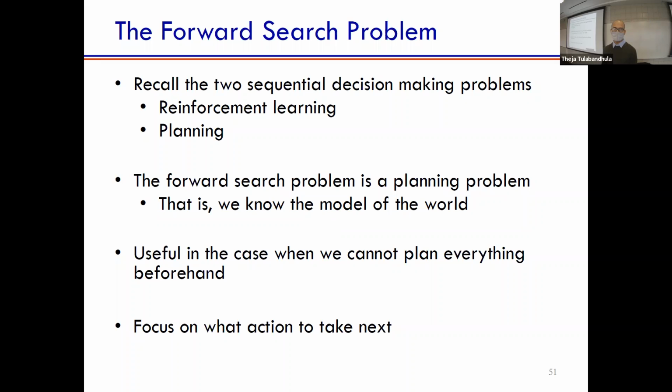In the forward search problem, we are not interested in figuring out what to do in every state. We just want to know in the current state what I should do. So the scope is different, and forward search is about what action to take next. We'll come back to this with an illustration in a second.